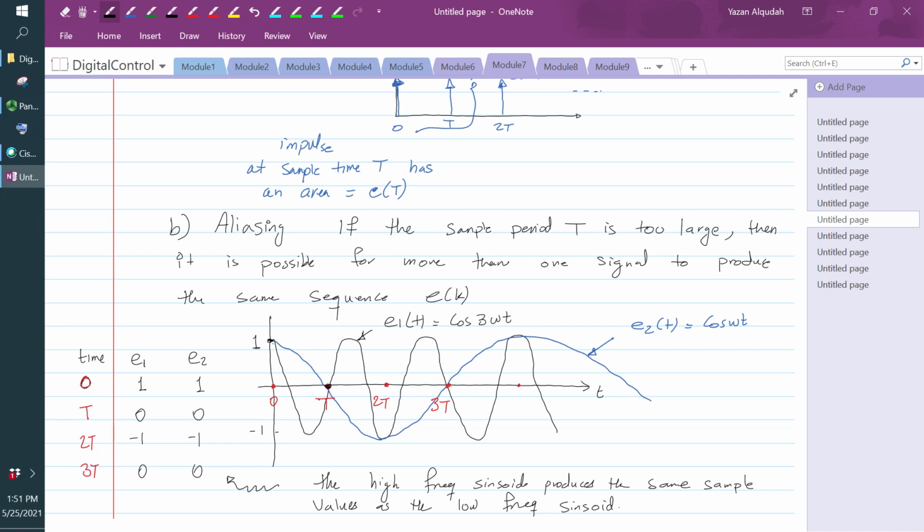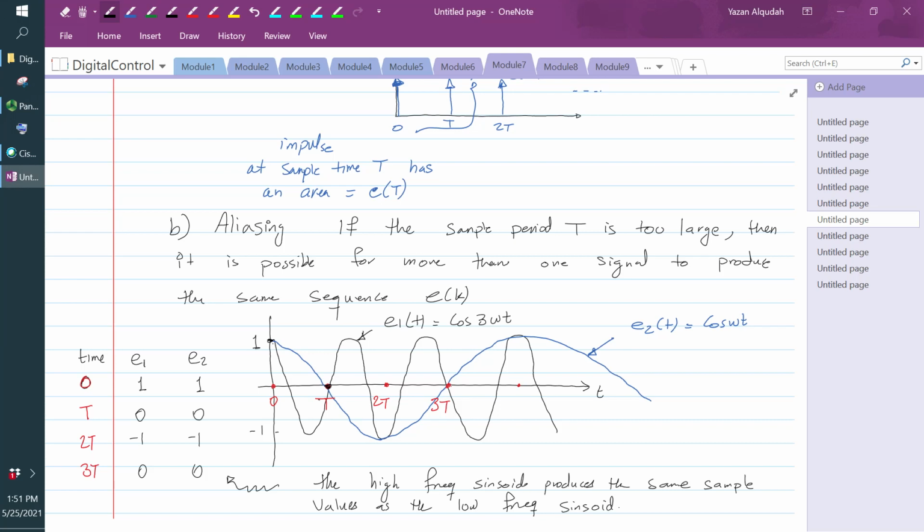Now of course, you might have seen that to get rid of this aliasing, we have to apply the Nyquist theorem, which means we have to select my sampling frequency. The sampling frequency or the sampling time that I have to choose is related to how fast the signal is, the frequency content of the signal.